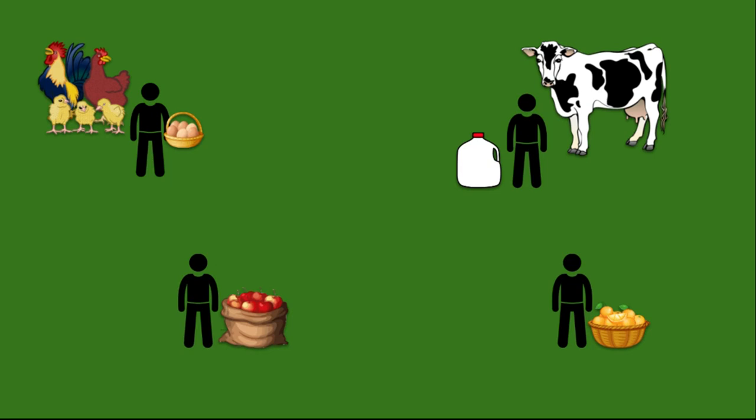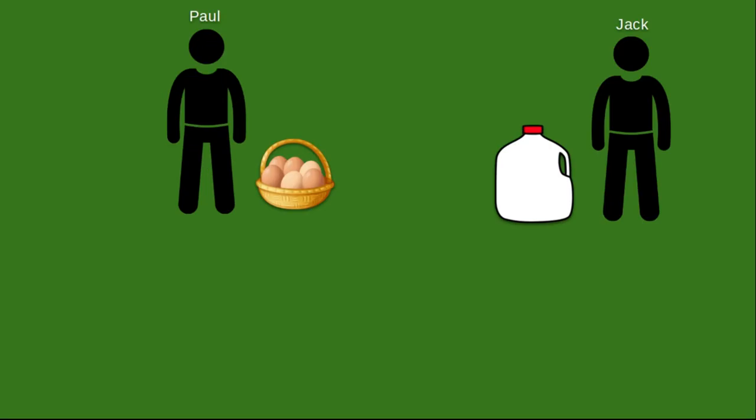Very basic, right? But here is the obstacle that a barter economy would face. Let's say Paul, who has eggs, wants to acquire milk, and a person named Jack apparently has milk in this scenario.